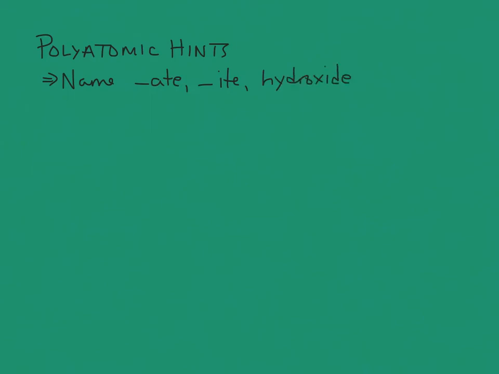So some hints for polyatomics. If we're starting with the name, if it ends in ate, or the term hydroxide, because hydroxide is a specialized one, or cyanide, those are polyatomic ions.